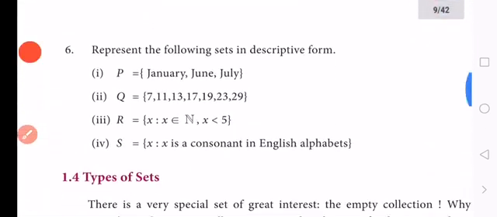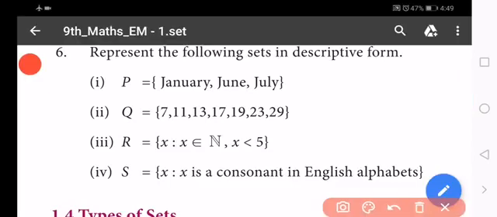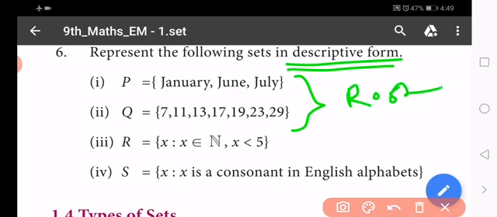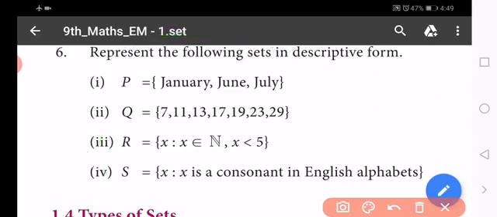And the sixth one, represent the following in descriptive form. First two are in roster form, and third and fourth in set builder form. So we change these four into descriptive form. Okay.